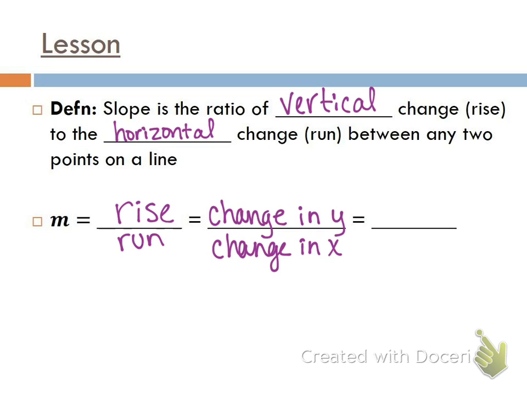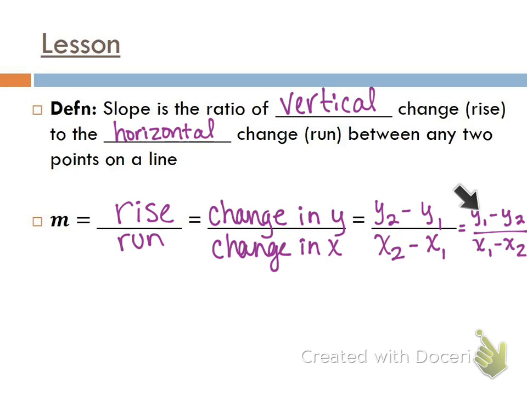When we're dealing with coordinate geometry or algebra, one of the most useful ways that we find slope is to take y2 minus y1 over x2 minus x1. I will make a note here that this would be the same as taking y1 minus y2 divided by x1 minus x2.